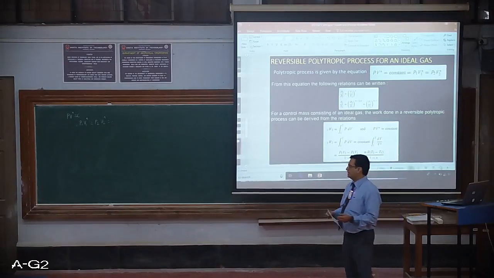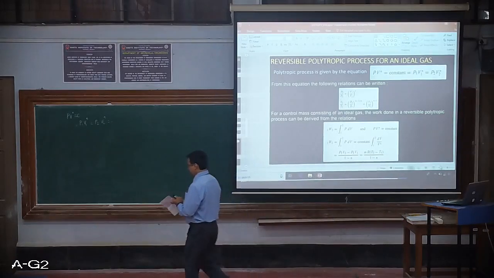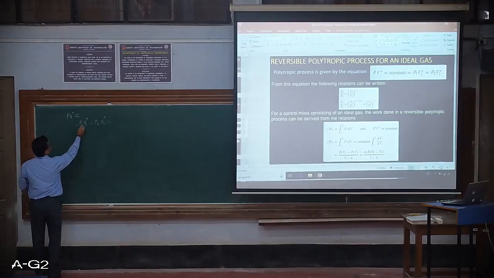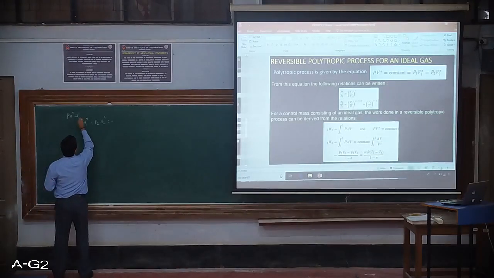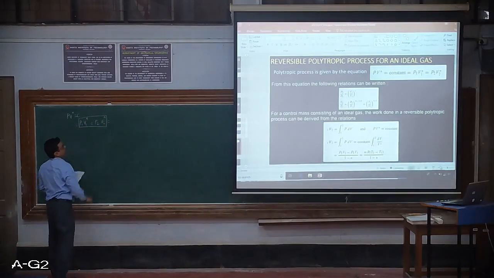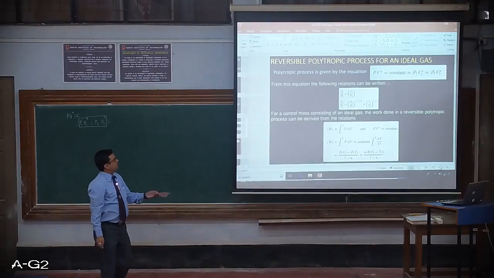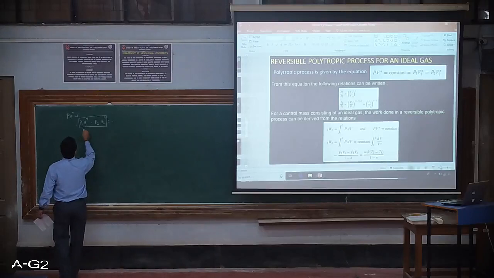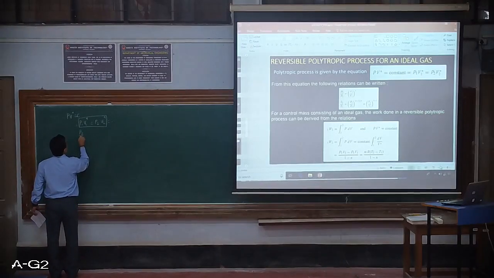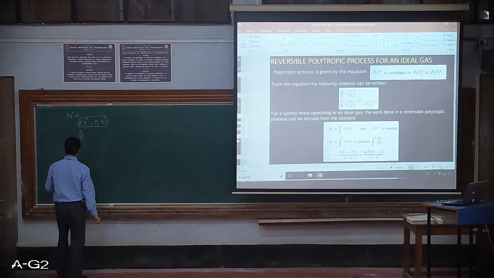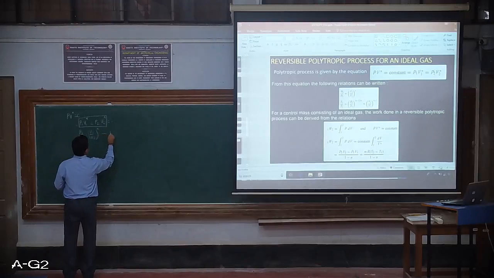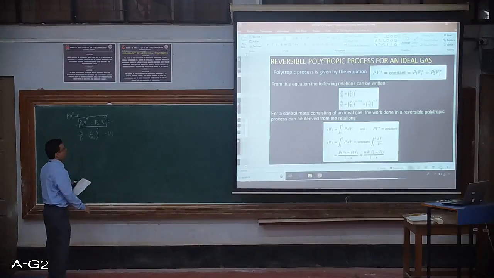The first equation: by taking these two expressions into account, P1 V1^n equal to P2 V2^n. If I rearrange, it is going to be P2 by P1 is equal to V1 by V2 to the power n. Let this be my equation number 1.